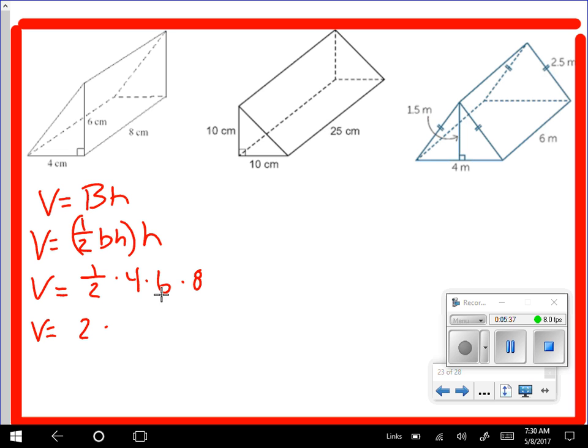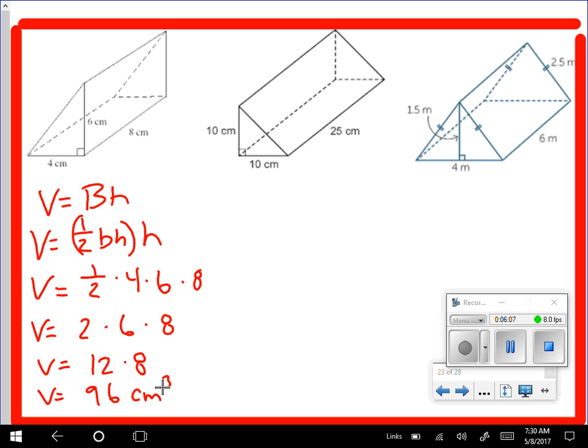And then I can either do 6 times 8 or 2 times 6 and work from there. So 2 times 6 is 12 times 8, which would give me 96. I believe that's correct. And then we would label it centimeters cubed.